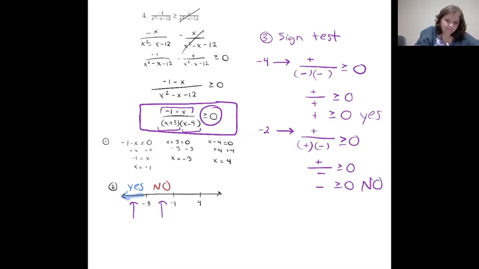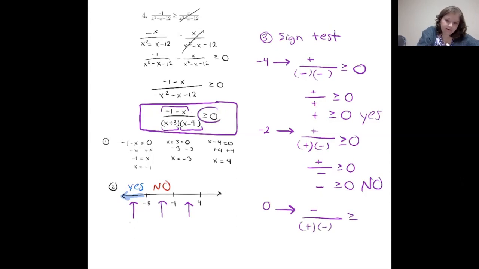Okay. The next interval, something between -1 and 4, I'm going to choose 0. And so on the top, we have -1 minus 0, which is negative. The bottom, we have 0 plus 3, which is positive, and 0 minus 4, which is negative.